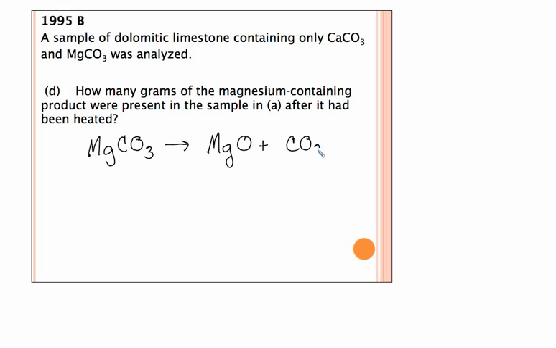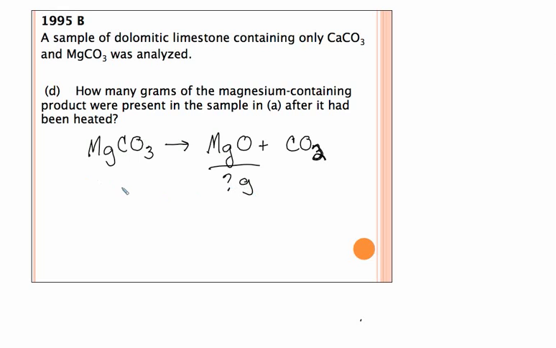We had this formula plus CO2. We're going to heat it and drive off the CO2. And the question is, how much of the magnesium containing product? So how many grams of this magnesium oxide would remain?